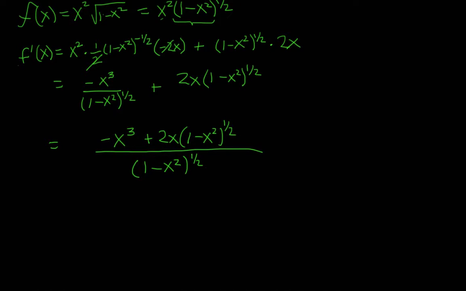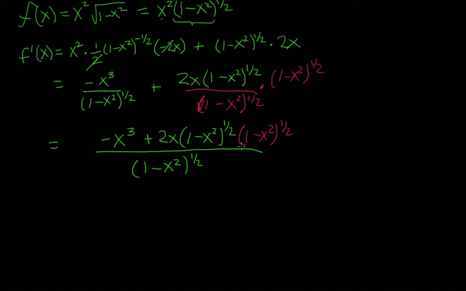And now if I want this to have a common denominator of 1 minus x squared to the 1/2, I would need to multiply that by 1 minus x squared to the 1/2, which is 1 minus x squared. And again, all we're doing here is simplifying.